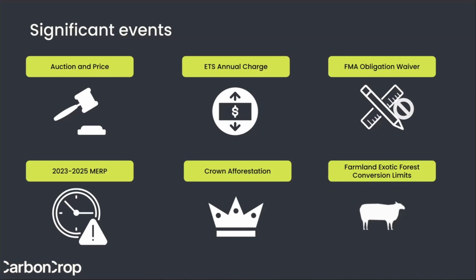Anybody who is registered at the end of 2022 is able, if they choose, to use the same tables from the end of 2022 for their 2023 to 2025 MERP. Upshot for a number of our customers was that they don't have to do FMA measurements in the current cycle, which they were happy about. You will still have to do them in the following cycle regardless, if you're captured by the FMA rules.